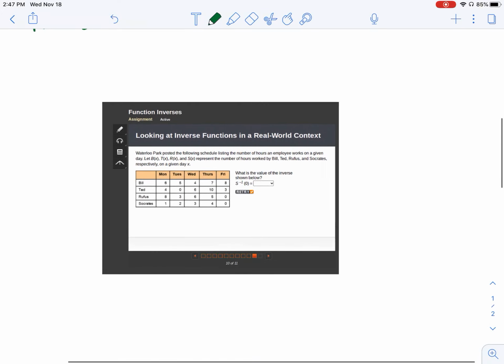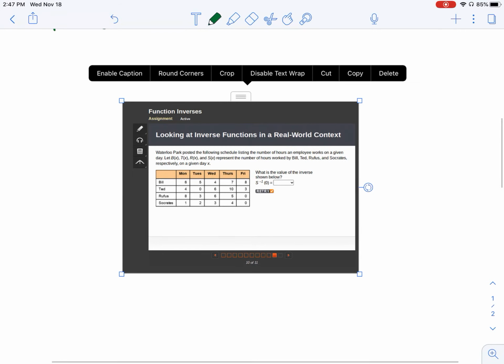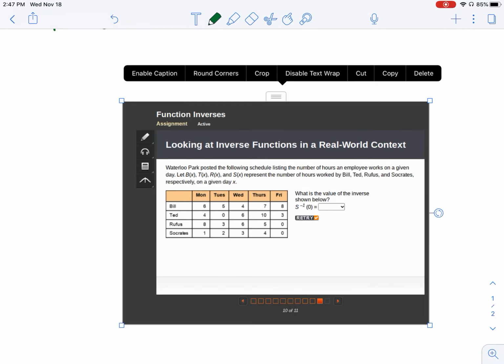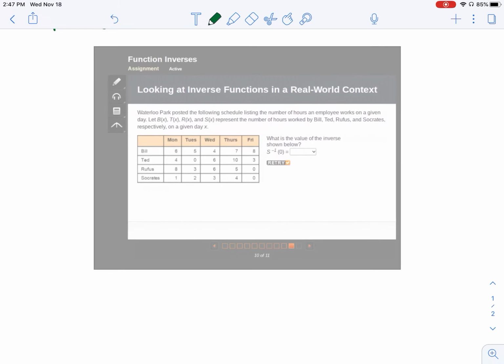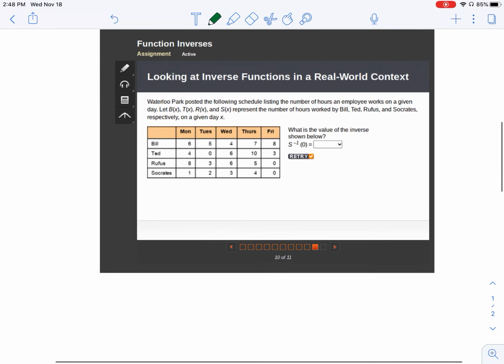There is another example from the same topic here, but you'll realize this time there's no equation. You might ask, Miss O, how can I swap x and y if there are no equations? So let's take a look at this word problem. Waterloo Park posted the following schedule listing the numbers of hours an employee works on a given day.